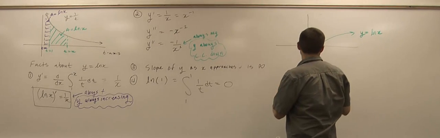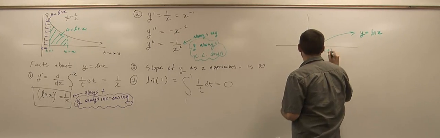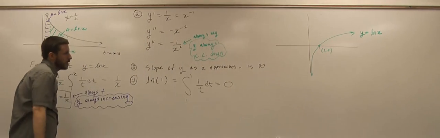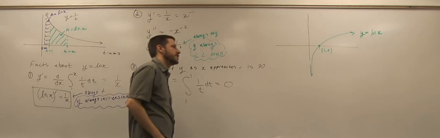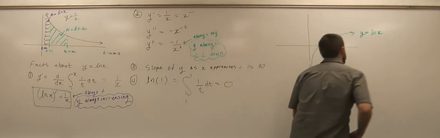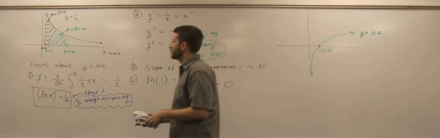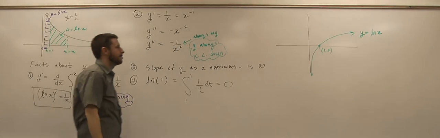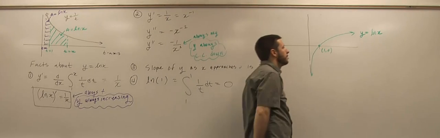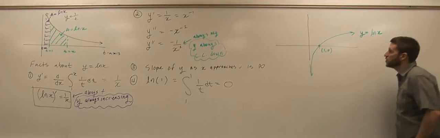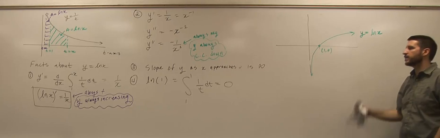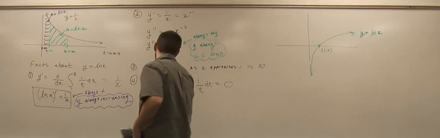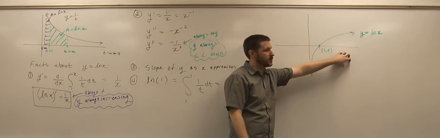It goes through 1, 0. It's always concave down, always increasing. So in 126, you actually define the natural log function as the inverse to an exponential function, but you end up with the same graph either way. You end up with the same function.